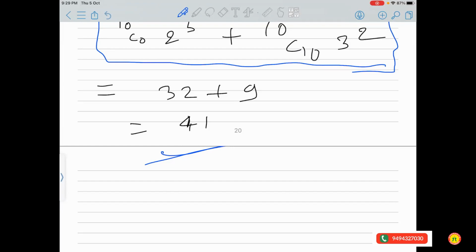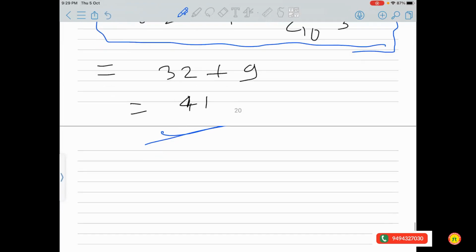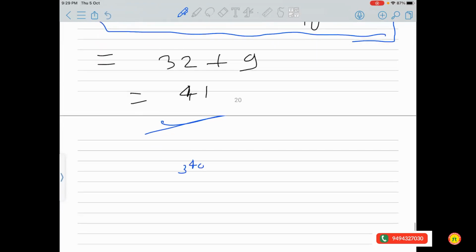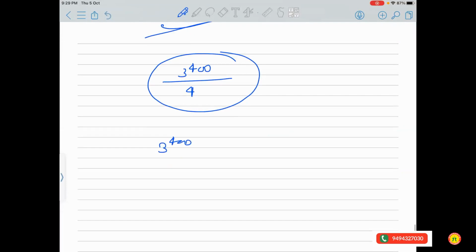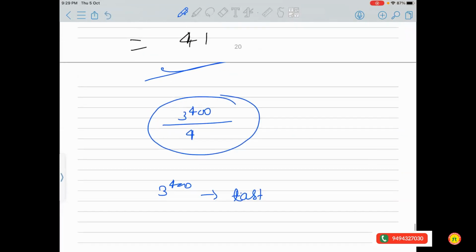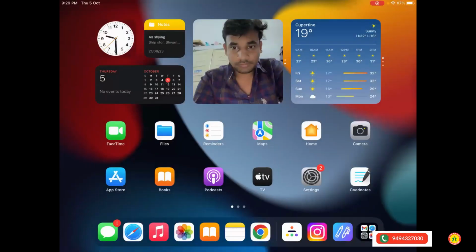Anyone can ask for the last 2 digits, last 3 digits, or the remainder if you divide 3 power 400 by 4. What will be the remainder? And if we ask for the last 2 digits of 3 power 400, what will it be equal to? I will discuss these things in the upcoming class.